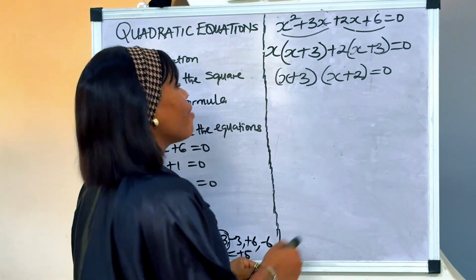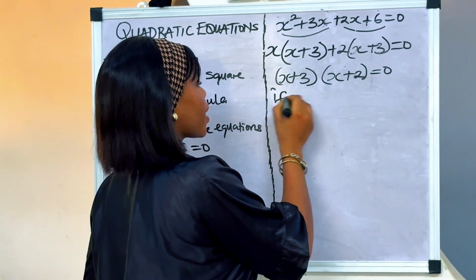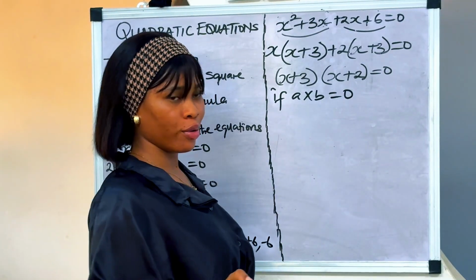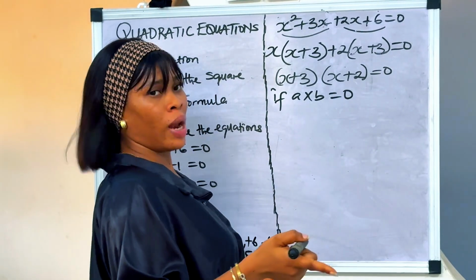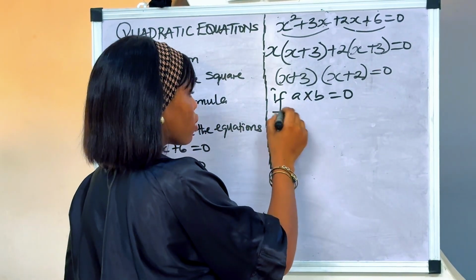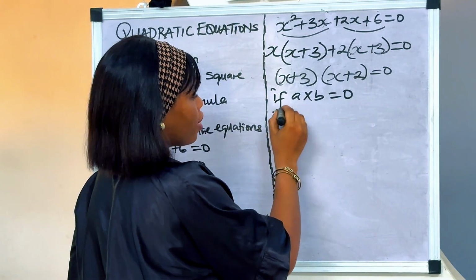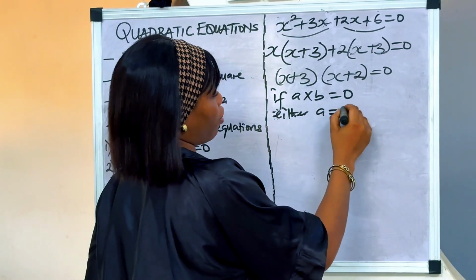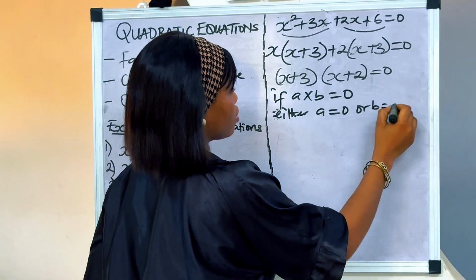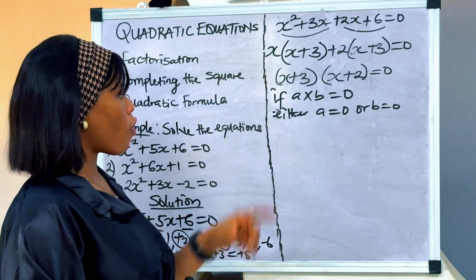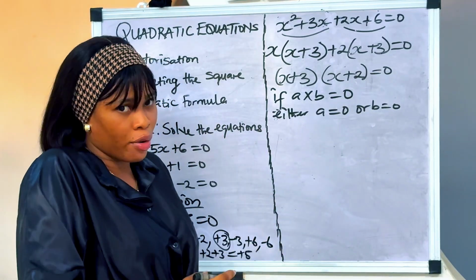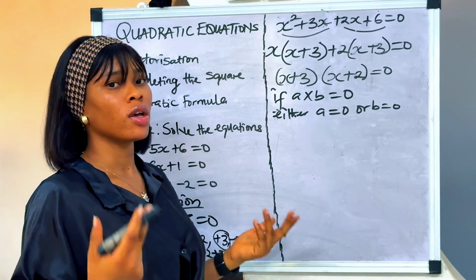We have it that if a times b equals 0, this implies that either a is 0 or b is 0. For a times b to be 0, it means that either a is 0 or b is 0.